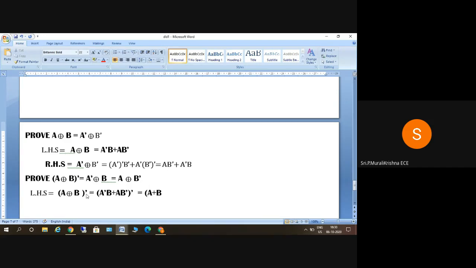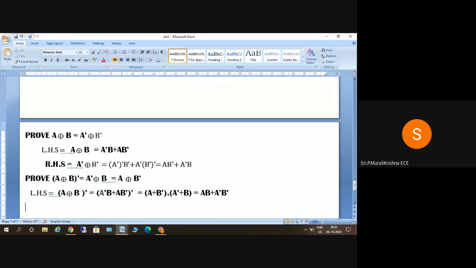So A plus B bar into A bar plus B, okay, plus B bar into A bar plus B. So that is equal to, so perform A into A bar is 0. So AB and A bar B bar, and B into B bar is 0. So that is AB plus A bar B bar. Okay, that is LHS here.